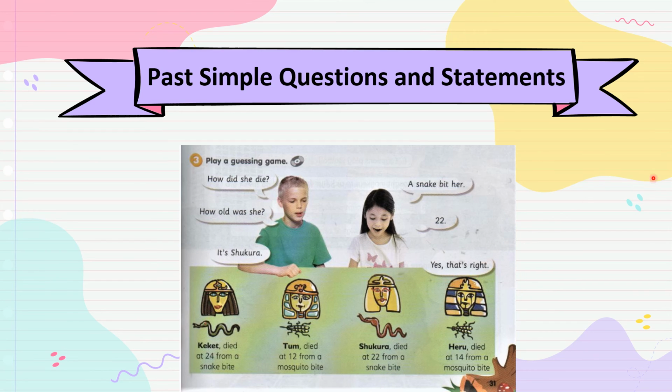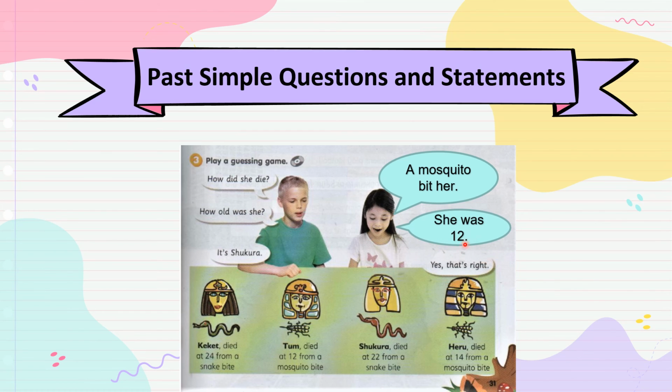Okay, next. Let's look at another person. But you have to answer this question first. How did she die? A mosquito bit her. How old was she? She was 12. So let's guess. Mosquito bit her.